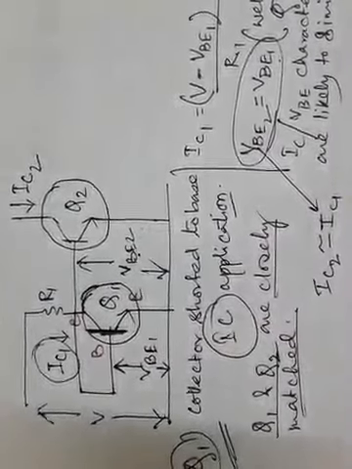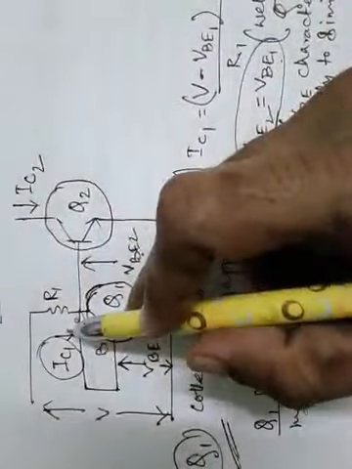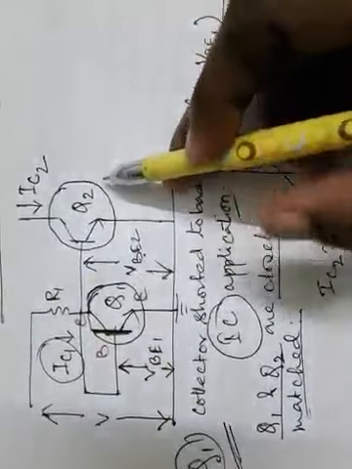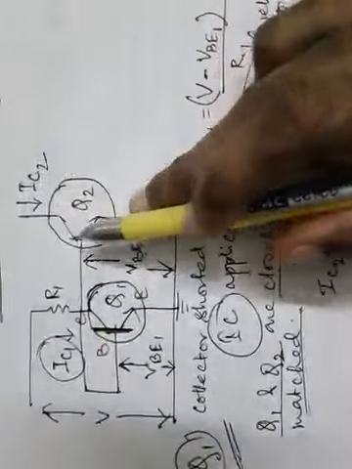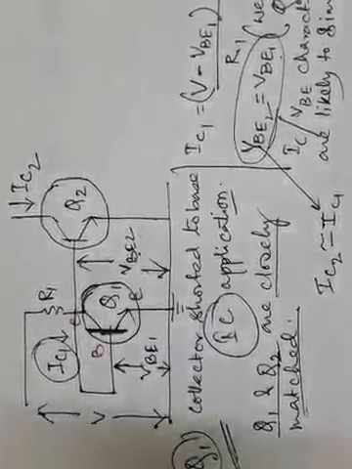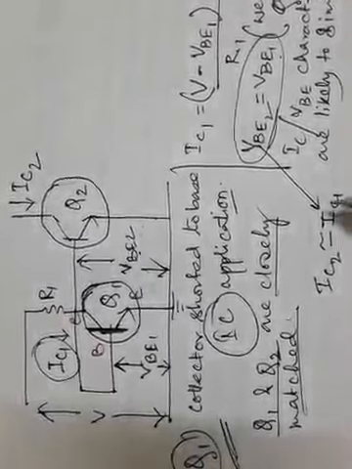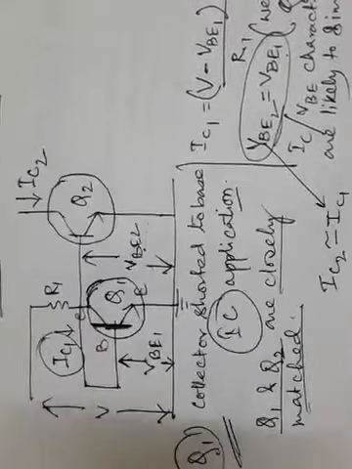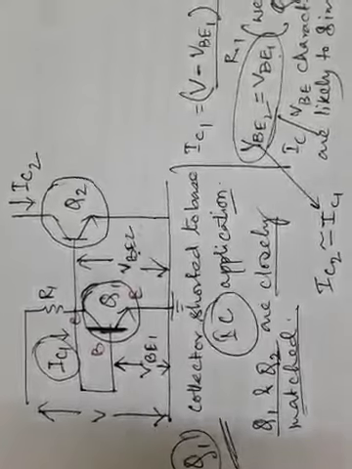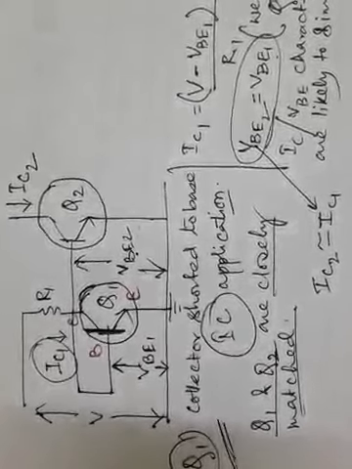Considering the operation of Q1, we can predict what is happening across Q2. Since there is a chance of IC2 being very similar or equal to IC1, we can say that Q2 will now function as a constant current source.